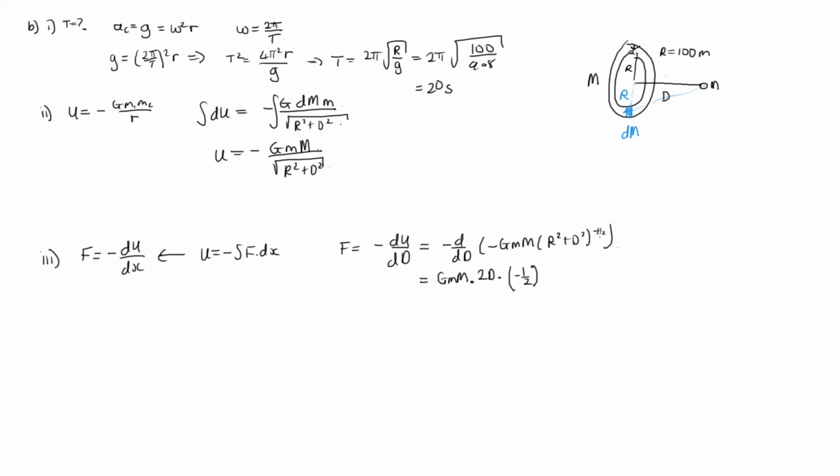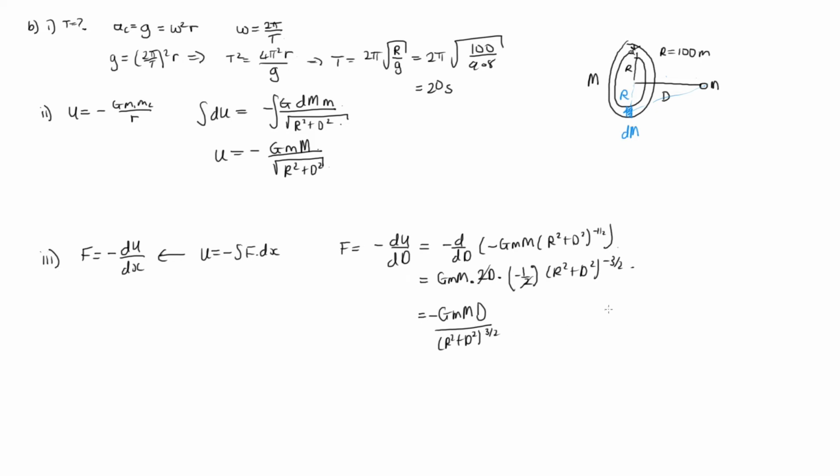Then I take 1 off the power, so I've got r squared plus d squared to the minus 3 on 2. So this half cancels this 2 here, and we can write this as GMmd. We've still got one negative sign left, and we can write this as r squared plus d squared to the 3 on 2. So that is the force.